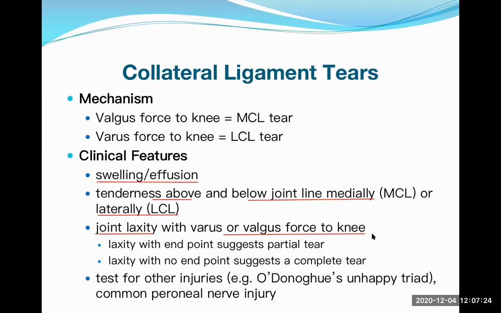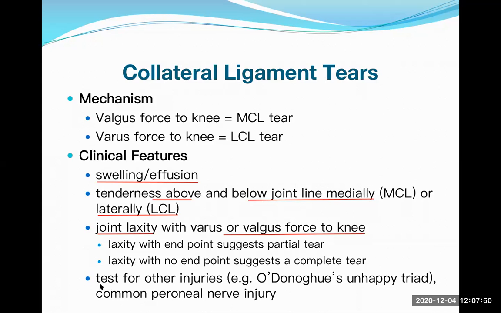Now remember, we discussed this opening up of the knee joint, or development of excessive laxity. Laxity with an endpoint suggests a partial tear, and laxity with no endpoint suggests a complete tear. In a complete tear, there is complete laxity, excessive or undue movement, which is very abnormal.